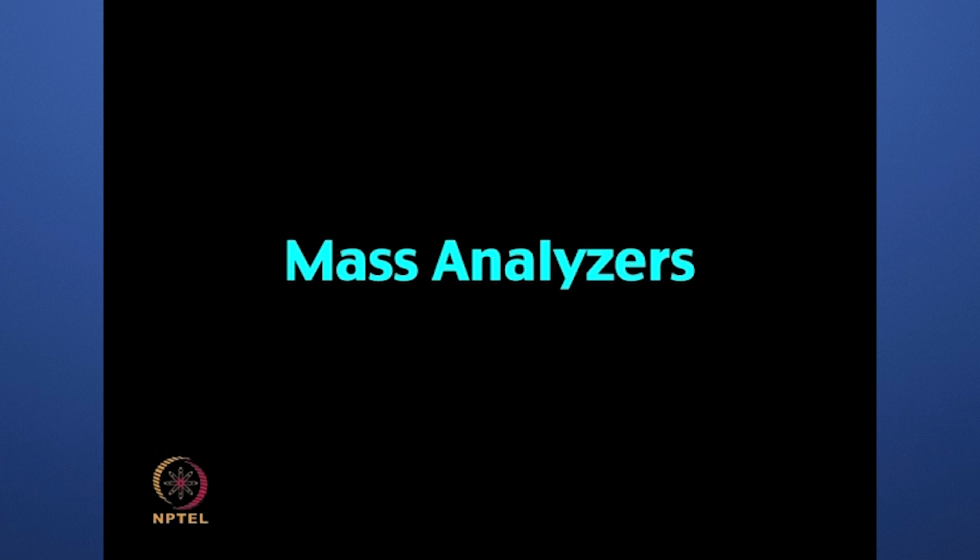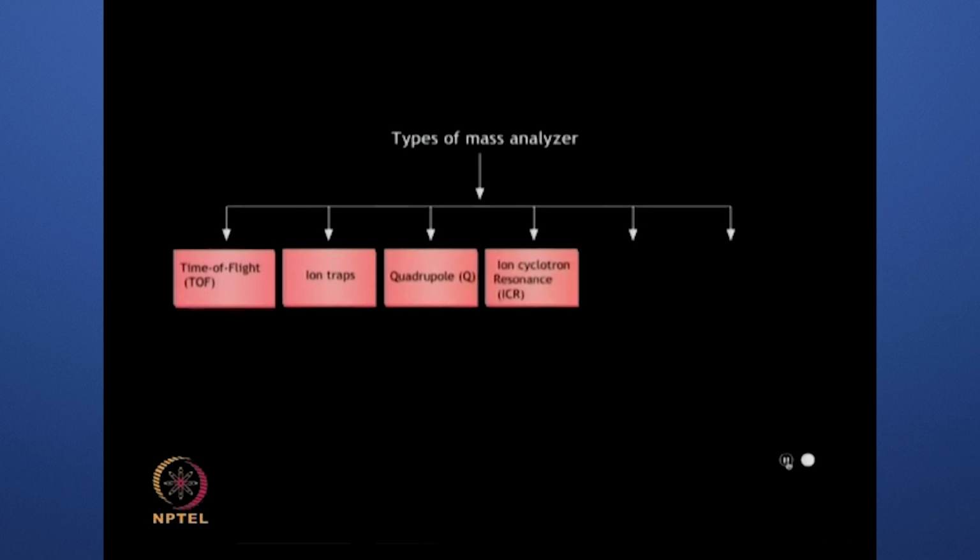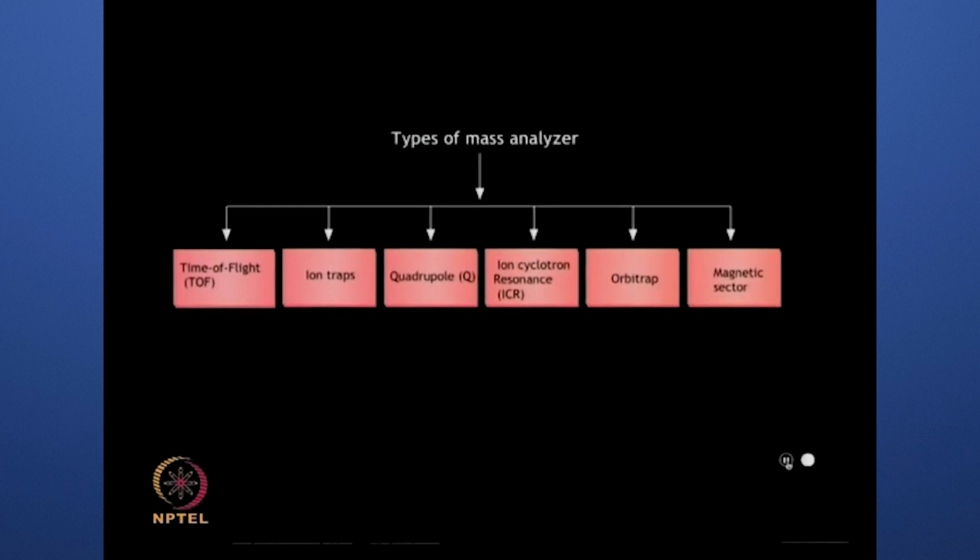Let us discuss a few most commonly used mass analyzers for proteomics applications. Currently, various types of mass analyzers are available, including time of flight, ion traps, quadrupole, ion cyclotron resonance, orbitrap and magnetic sector.